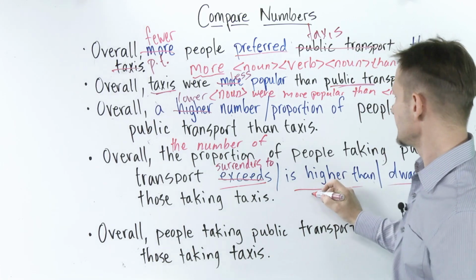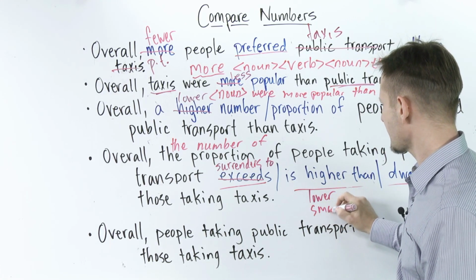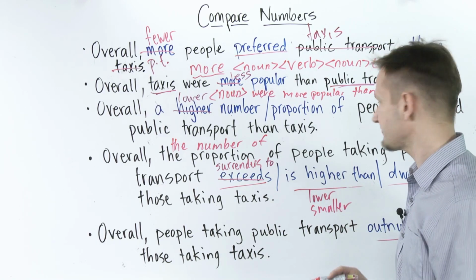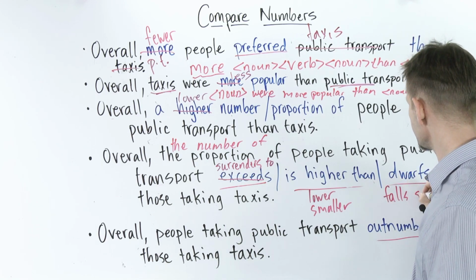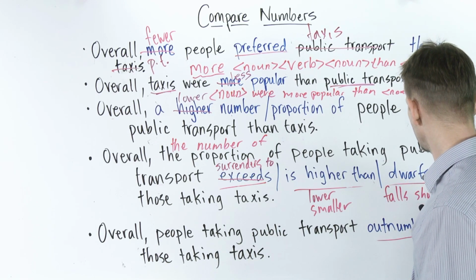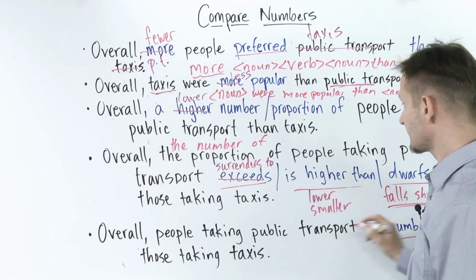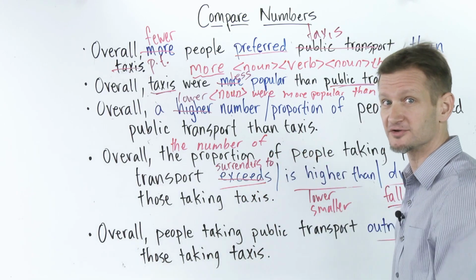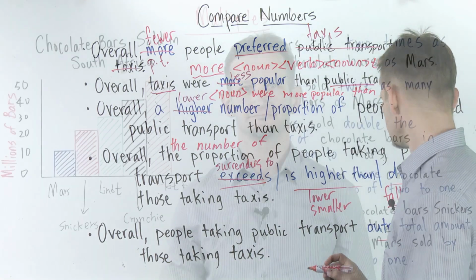We could change this to is lower than or is smaller than. It's going to depend on the context of the data on the graph. And here we can say change dwarfs to falls short of. Right? So again, these words fall short of, surrenders to. These are the higher level words because they're action words. They're very descriptive in the way they're written.